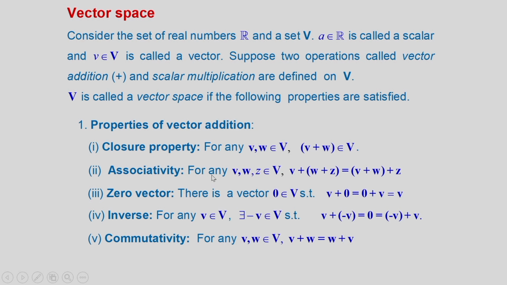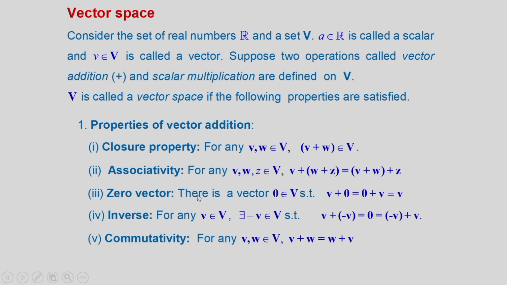Now, vector addition is associative. What does it mean? For any vectors V, W and Z, V plus the sum of W plus Z is equal to the sum of V plus W, plus Z. So, if we do this sum first and then add to V, it will be the same as first taking the sum of V plus W and then adding Z. This property is known as the associative property of vector addition.